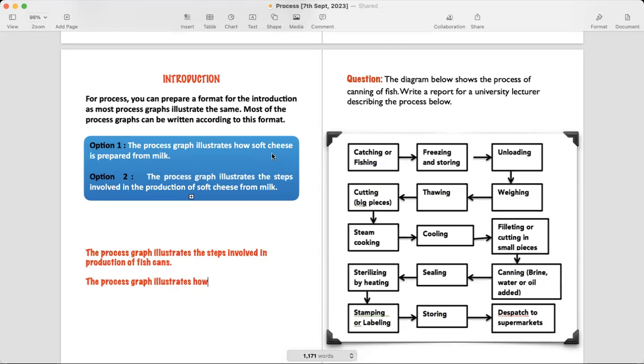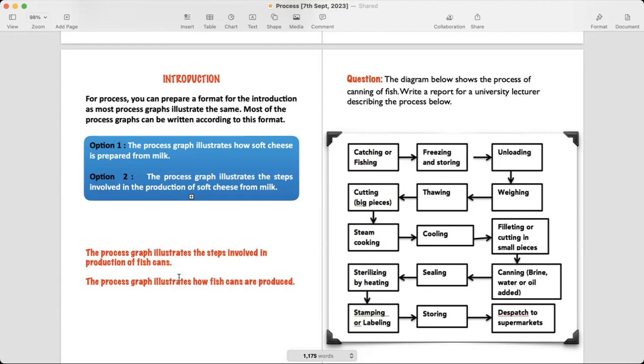How fish cans are prepared, or how fish cans are manufactured, or something. How fish cans are produced. From. That's it. How fish cans are produced. You can just say from. You don't know something, right? Fish cans, yes, sir. Okay.